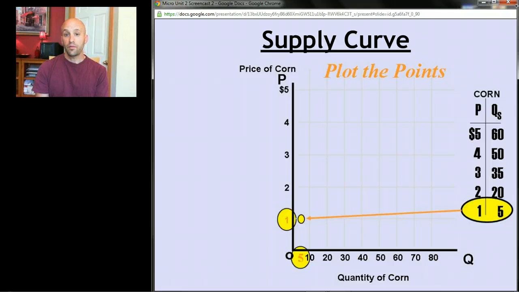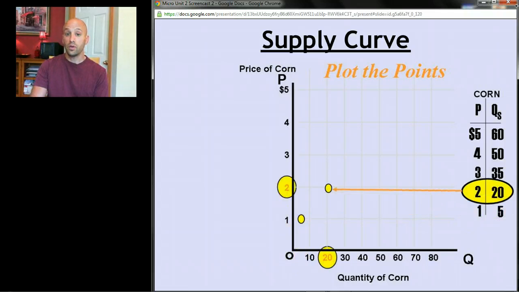Now a supply curve, like a demand curve, is a graphical representation of a supply schedule. What we do is take each set of points and plot them out into the same kind of graph, with price on the vertical axis and quantity on the horizontal axis. So our hypothetical data says that if the price is $1, producers will produce 5.